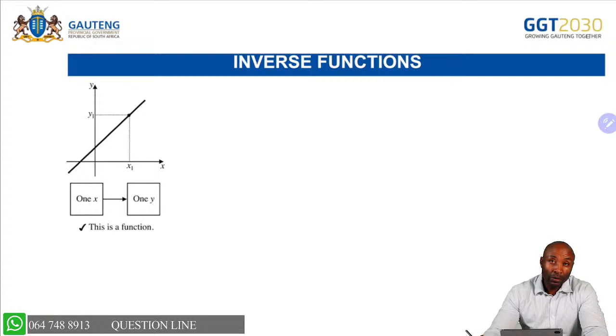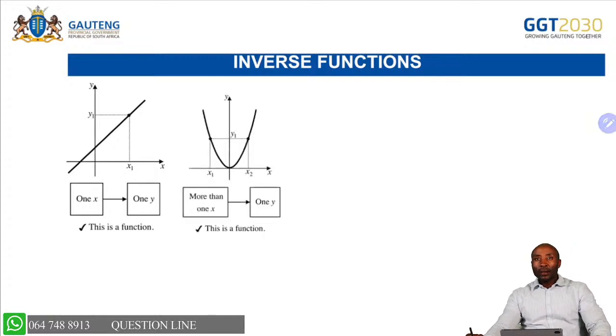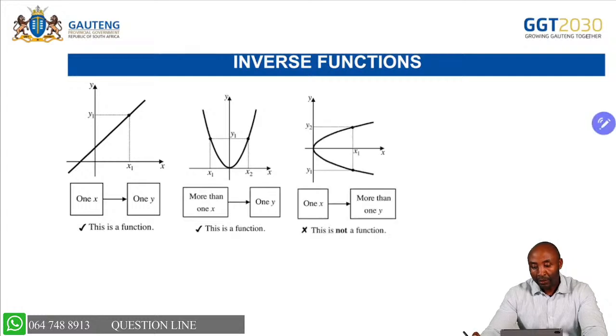We were able to show that a linear function is a one-to-one function because for every x value, there's only one y value associated to it, and vice versa. We also looked at our quadratic function. It is a many-to-one function, but we saw that the inverse will not be a function as it fails the vertical line test. You are able to see that for one x value, we have two y values associated to that x value.